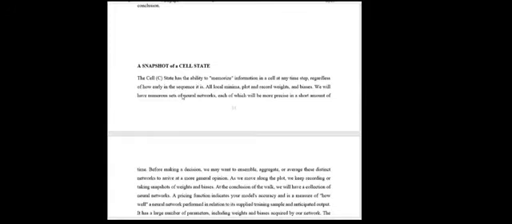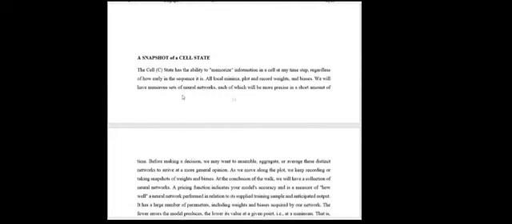And the next one is a snapshot of the cell state. The cell C state has an ability to memorize the information in the cell at any time step, regardless of how early in the sequence it is. All local minimum plots record weights and biases.